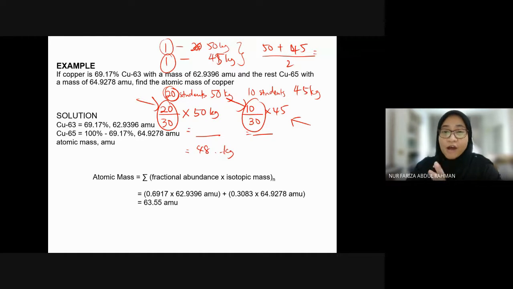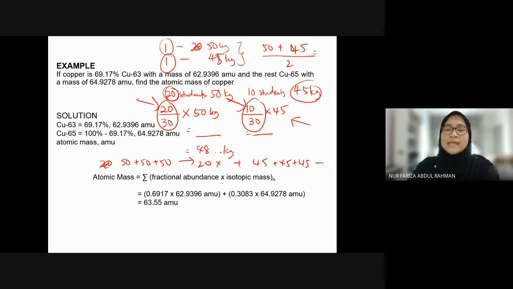Alternatively, conventionally, what you can do is, we have 20 students having 50 kilos, so you need to do 50 plus 50 plus 50, as many as 20 times, plus 45 plus 45 plus 45, as many as 10 times, divided by 30.